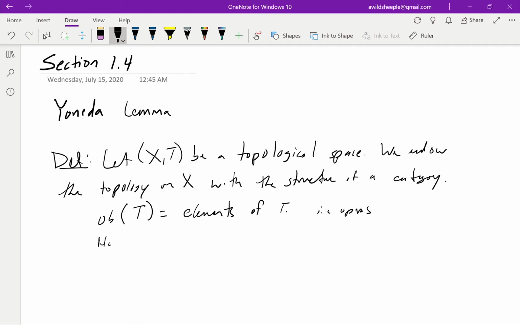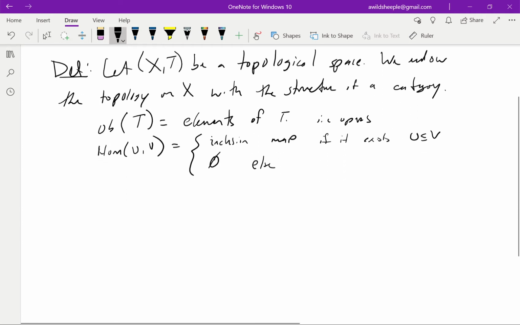And Hom(U, V) will be either the inclusion map, if it exists, that is to say, if U is actually a subset of V, or the empty set otherwise. And this definition is basically just turning the topology on X into a poset.